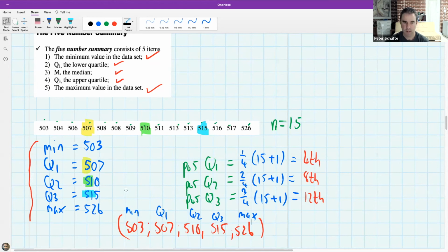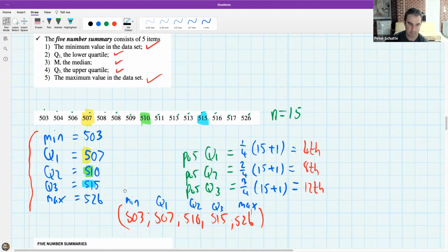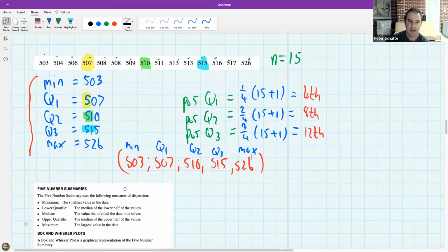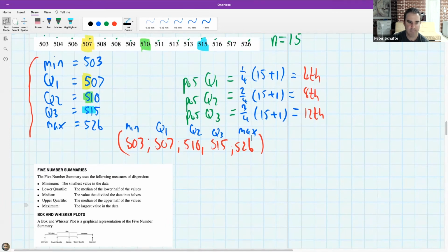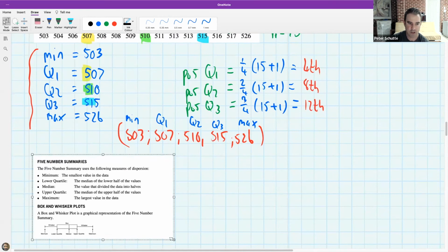Okay, good. So the next part we need to do is we need to draw a box and whisker plot using the information from the 5-number summary. So basically, the box and whisker plot is a graphical example of the 5-number summary. It basically just shows us the information.